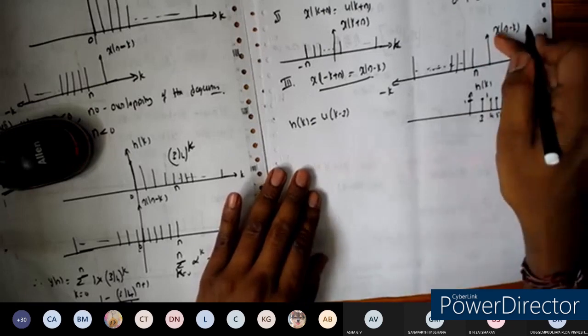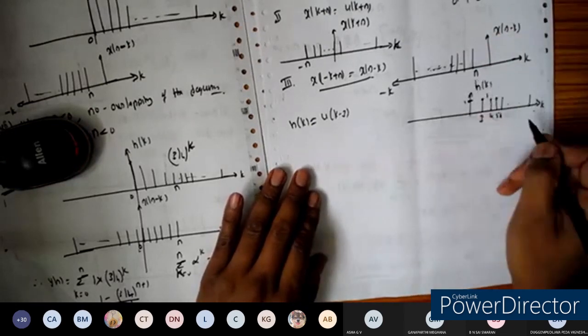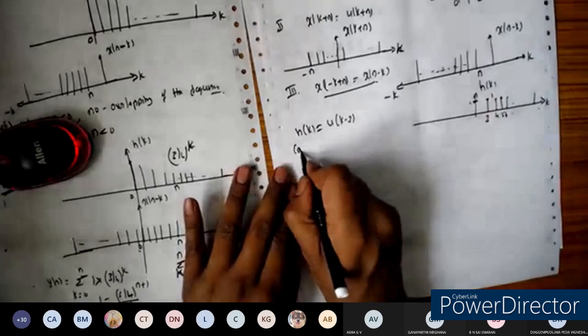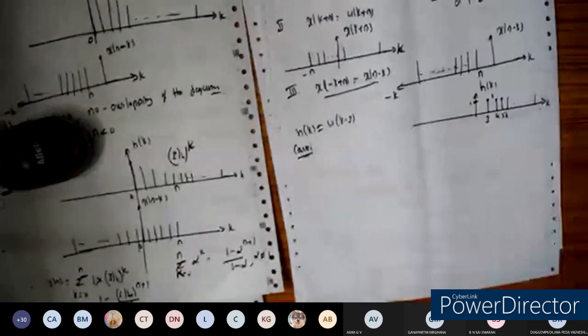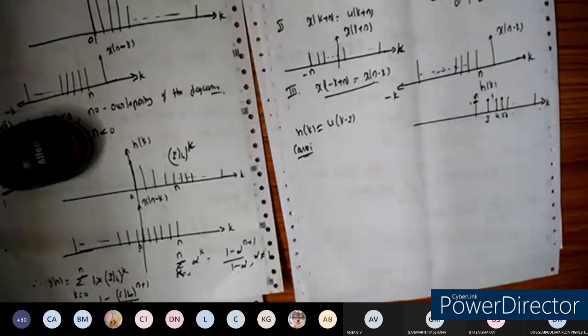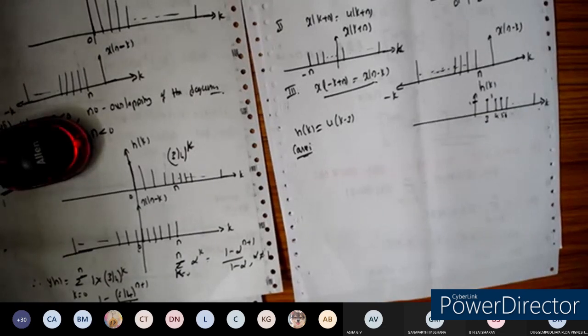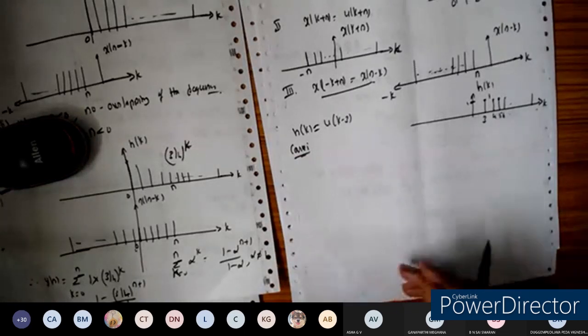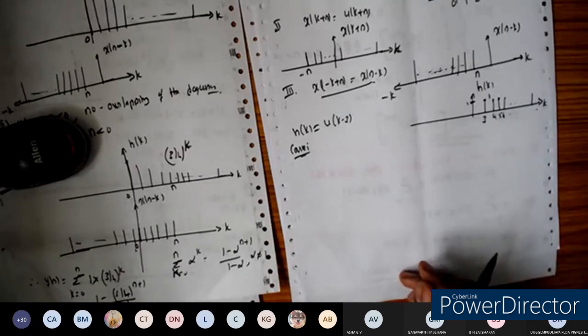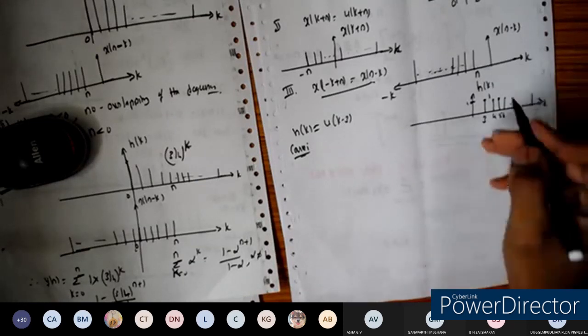Now I have written x of n minus k, I have written h of k. So can you tell me the possible cases? Case 1, what is the possible case? What is the value of n here?